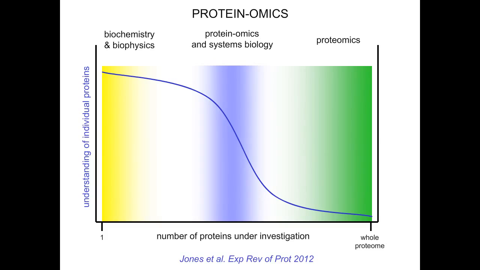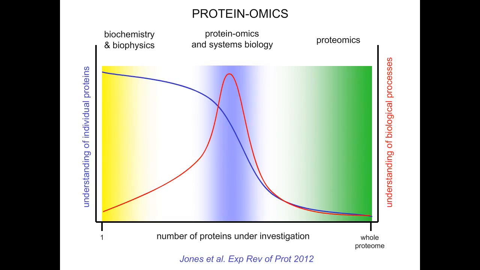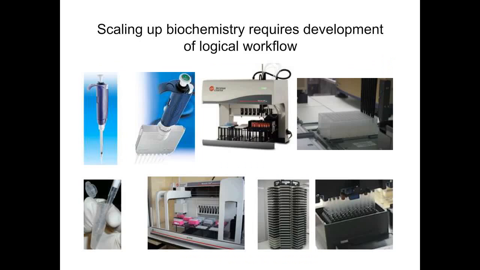In the middle, the area where I've spent a lot of work developing tools, I call proteinomics, and this is helpful for understanding biological processes where we want to understand lots of proteins, typically on the order of 100, in order to focus our efforts on understanding biological processes as best we can without diving too deeply into individual proteins.